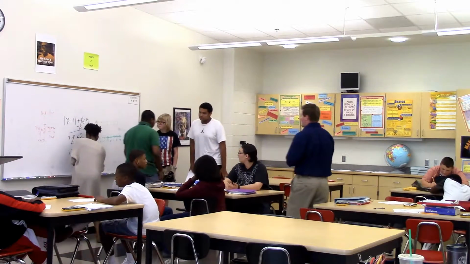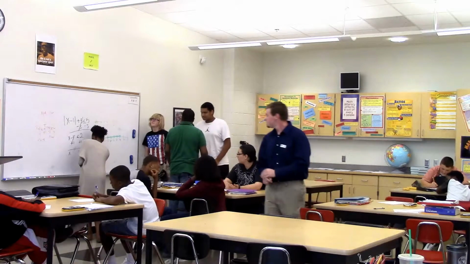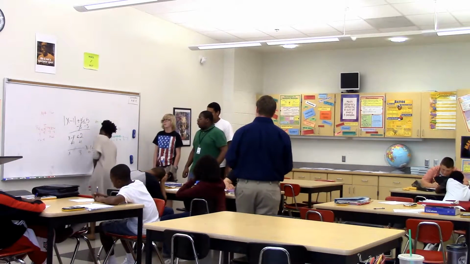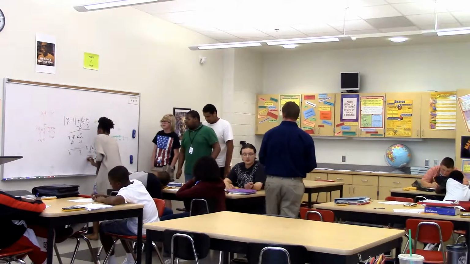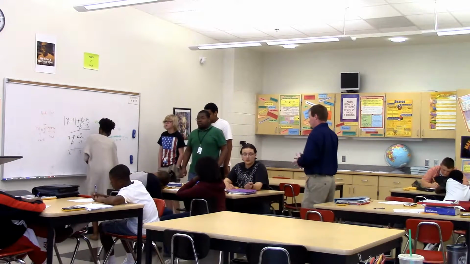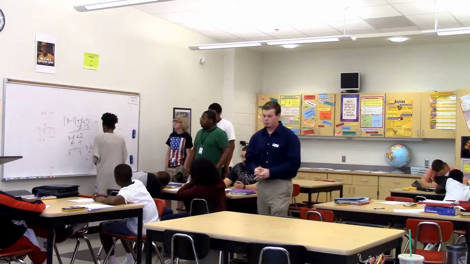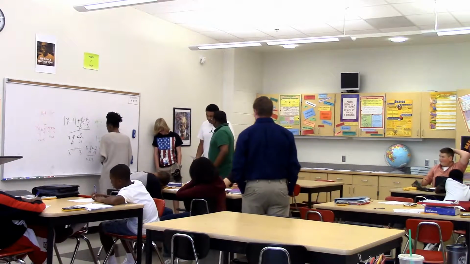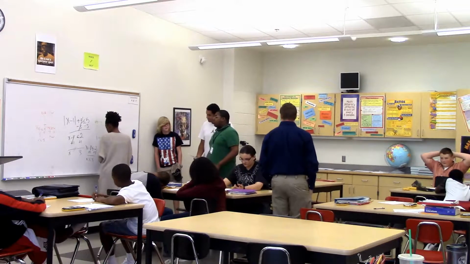Alright, who's explaining it? So first, you subtract 3 from both sides. Okay. You get x minus 1 is less than 2. And then you bring it down and do x minus 1 is less than or equal to 2.